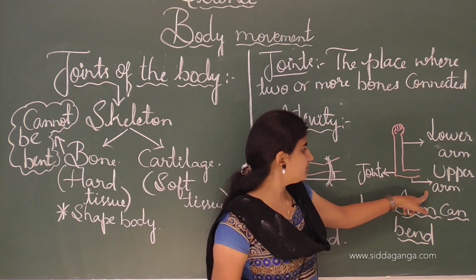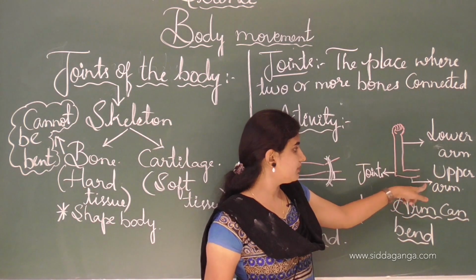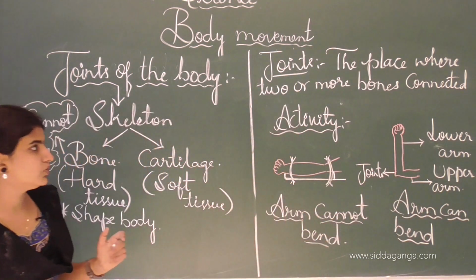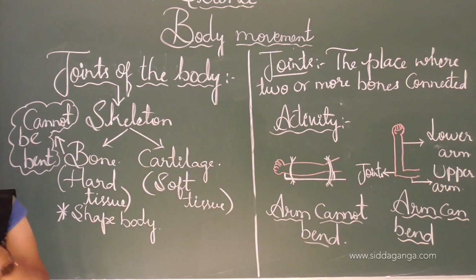This is the upper arm, present on the upper side, and the lower arm, and this is all about the activity. Next we shall move on to the types of joints. Different types of joints are present which help to carry out the different movements in our body.